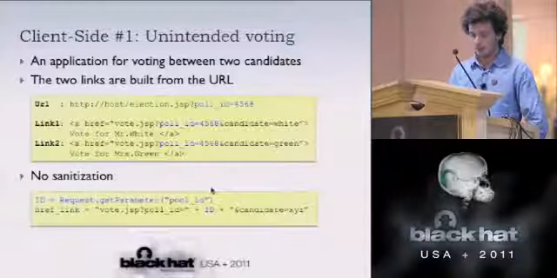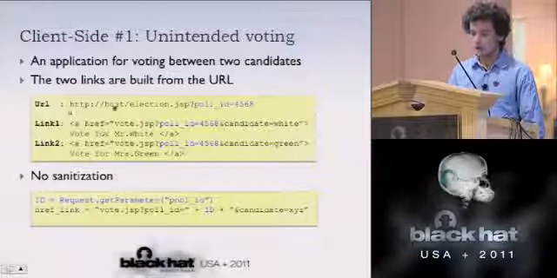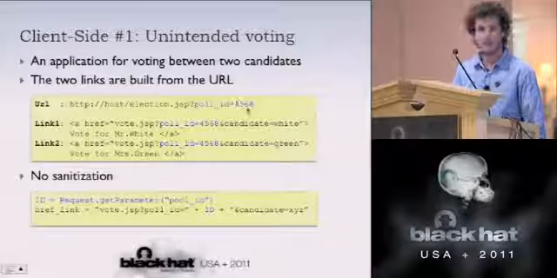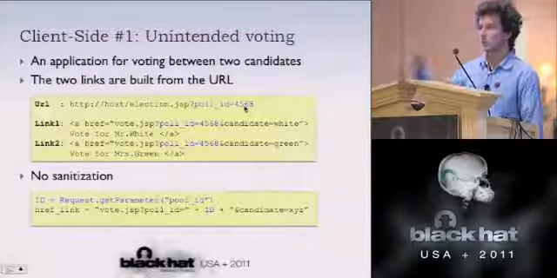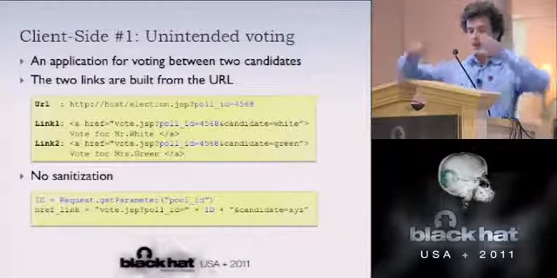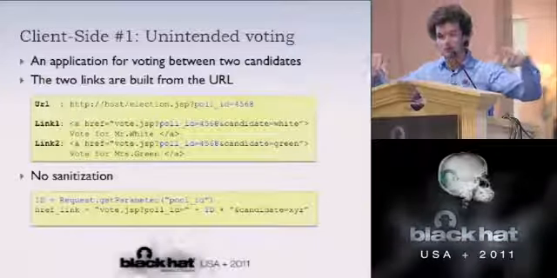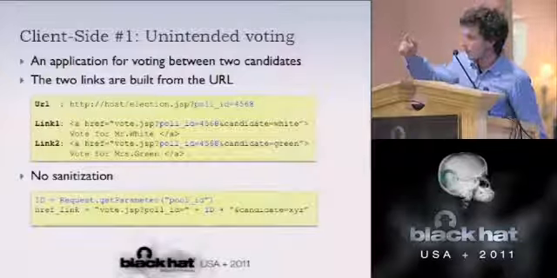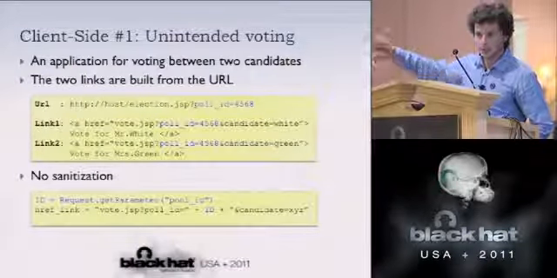This is the URL of the application, which takes a poll ID, and this ID is used to look up the poll and build a page where you have the 2 links. Finally, the user can vote by clicking the first link or the second link.